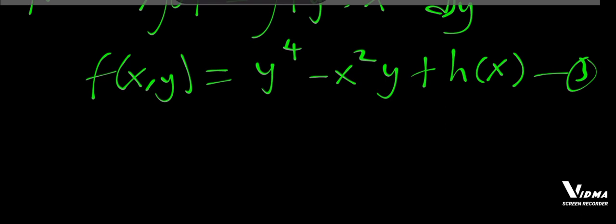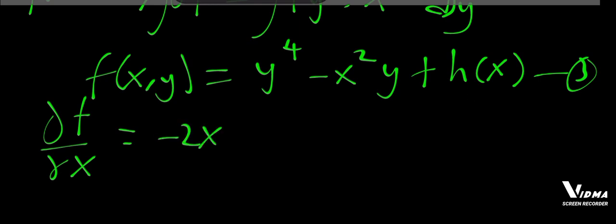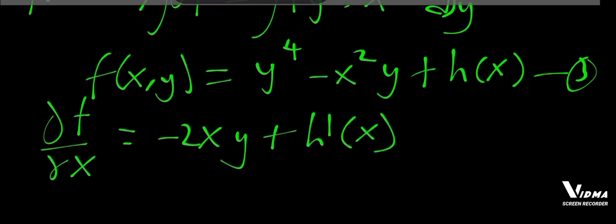So from this equation, we also remember that our del f del x is equal to, let's find the partial derivative of this with respect to x. In doing so, y to the power 4 goes to 0, and we have minus 2xy plus h prime of x, because it's a function of x, it's just going to give me h prime of x.